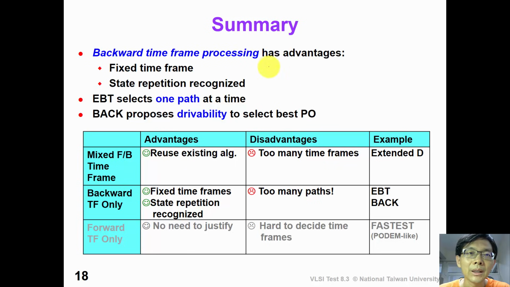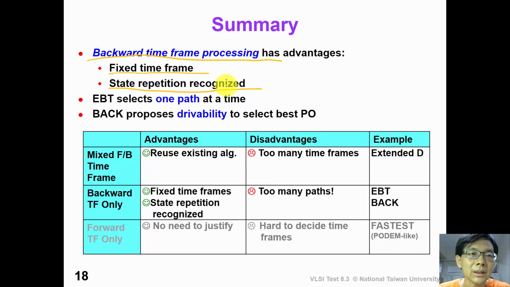Now in summary, in this video, we introduced the backward time frame processing only method, which has the following 2 advantages. First, we need only a fixed number of time frames, so the memory management is easy. And second, we can recognize state repetition to stop our backward justification.